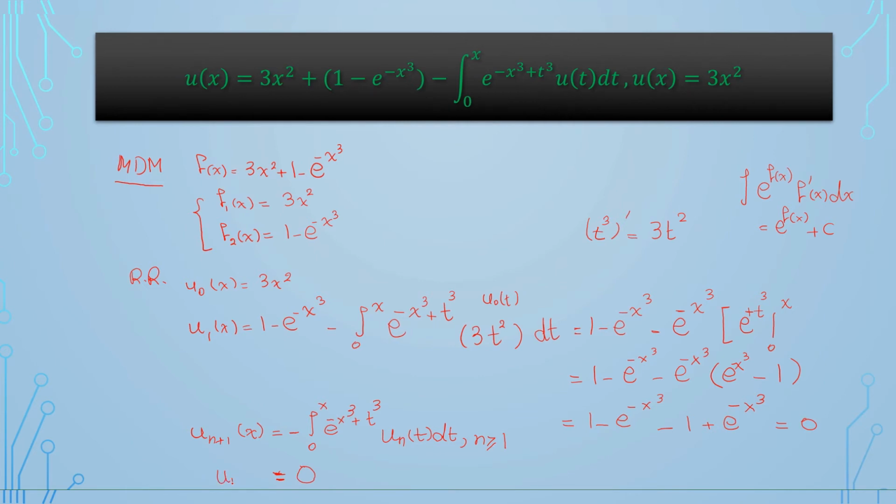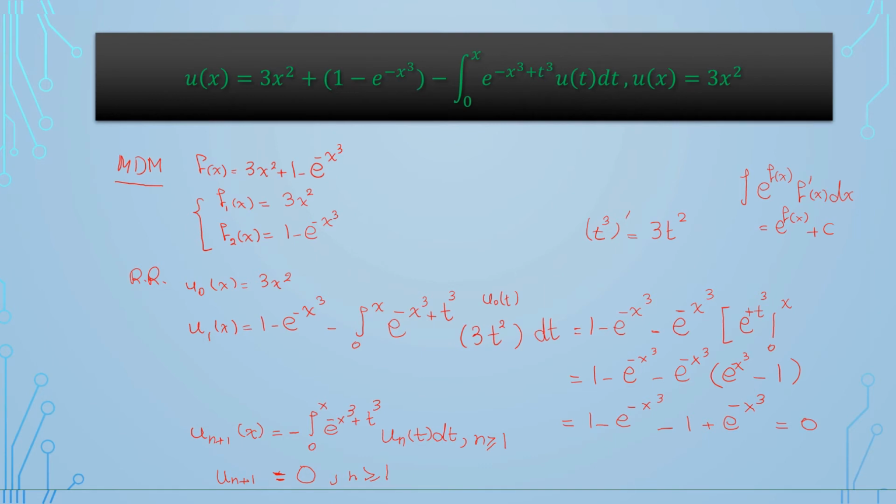Because if, for example, we plug in 1, u2 of x will be equal to minus the integration from 0 to x of e raised to minus x cubed plus t cubed u1, and u1 is equal to 0. So u2 will be equal to 0, and so on. That means u n plus 1 equals 0, where n is greater than or equal to 1.